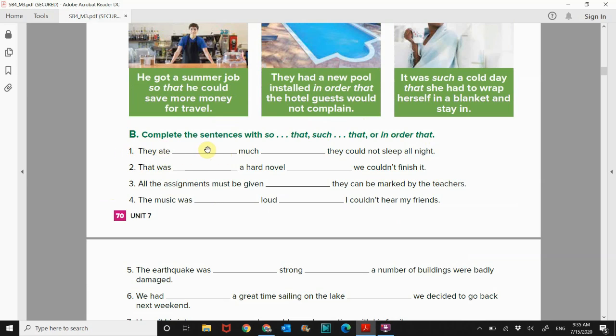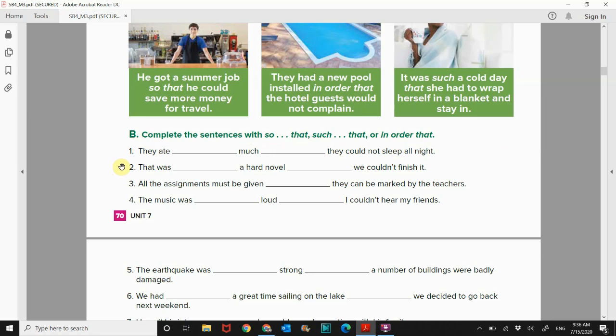They ate so much candy that they could not sleep all night. Yo dije candy porque candy tiene azúcar y es la razón ellos no pueden dormir. So you can just say they ate so much that they could not sleep all night. It is also correct.